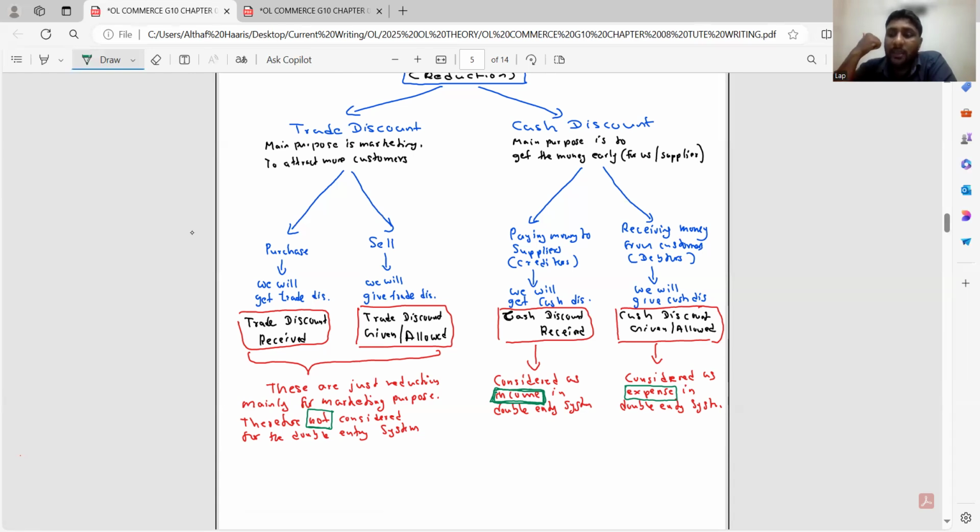Are we taking cash discount to the double entry system? Yes. Then cash discount received is income. Cash discount given, expense. That's it. Simply you have to take only the cash discounts to the double entry system, not the trade discounts.